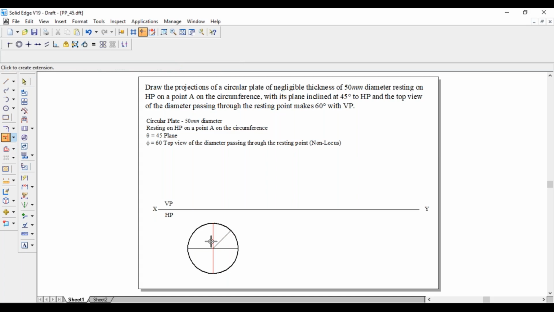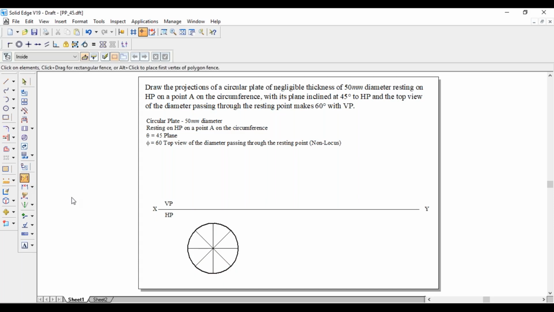Similarly, this side also we have to divide. From the center, on this side also, 25 mm is the length and 135° is the angle. Extend that one also. Now it will be 1, 2, 3, 4, 5, 6, 7, 8. We got 8 equal parts.